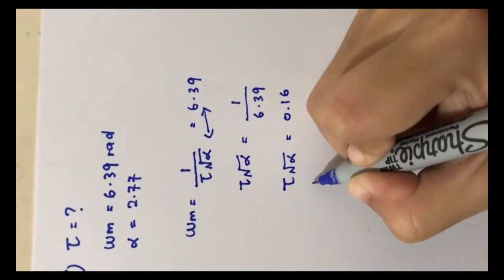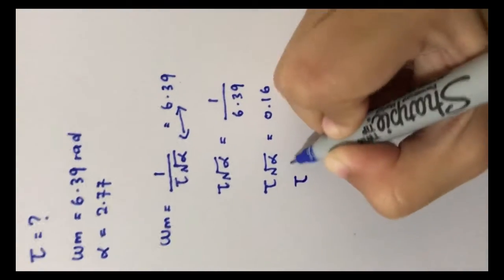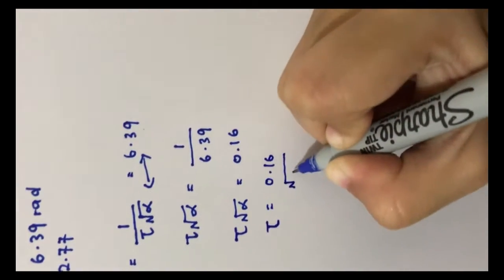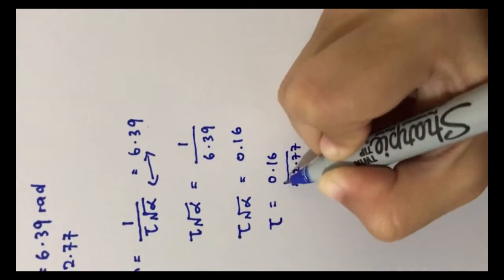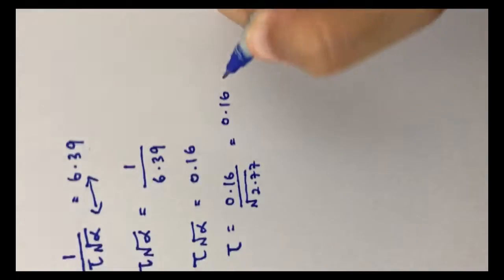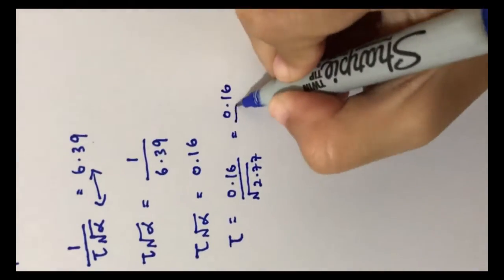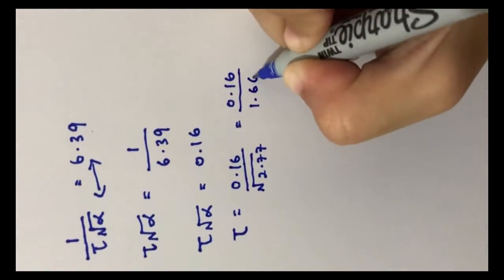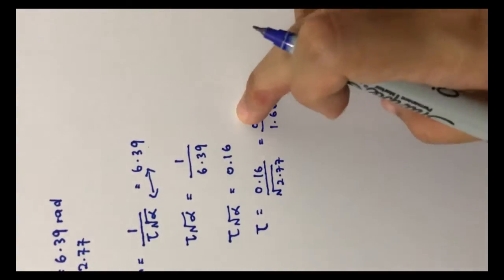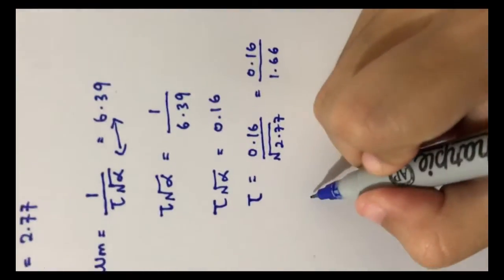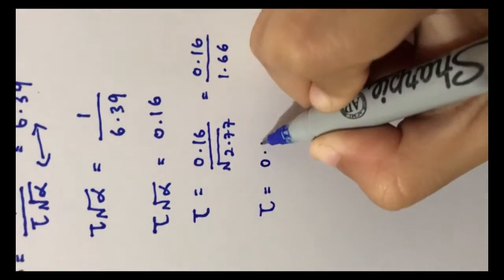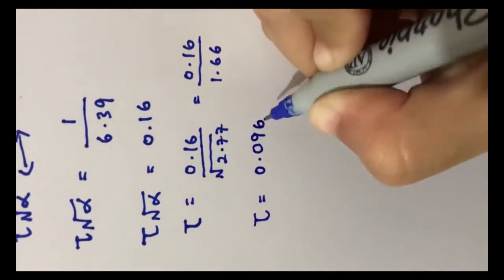So we can say that tau equals 0.16 over the square root of 2.77, which equals 0.16 over 1.66. By calculating this value, we will then obtain tau equals 0.096.